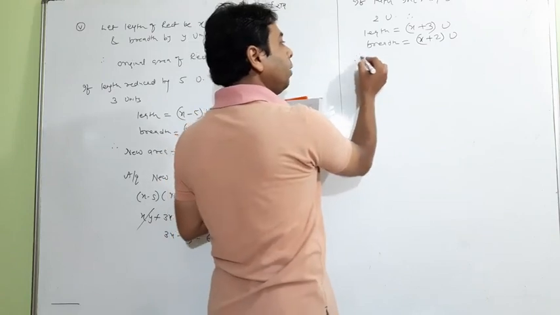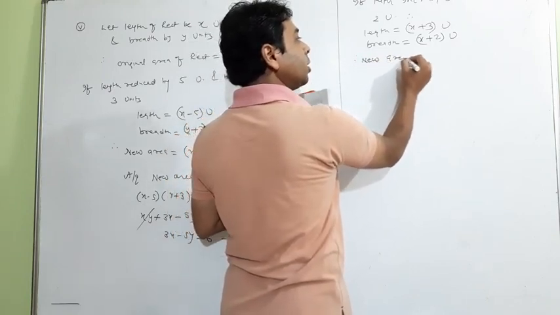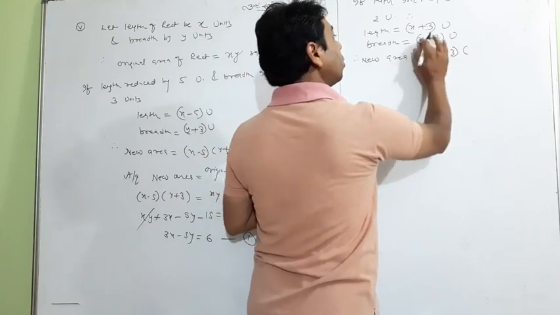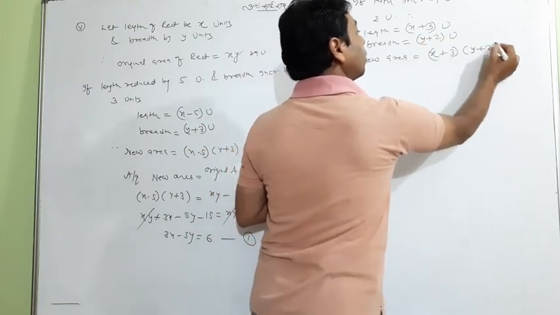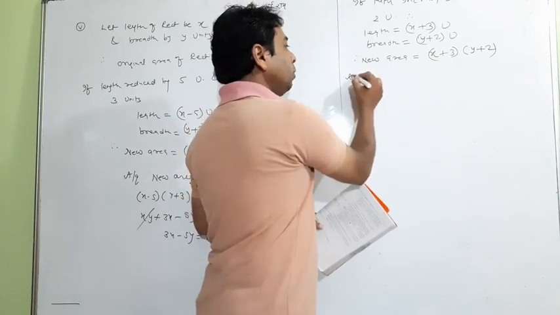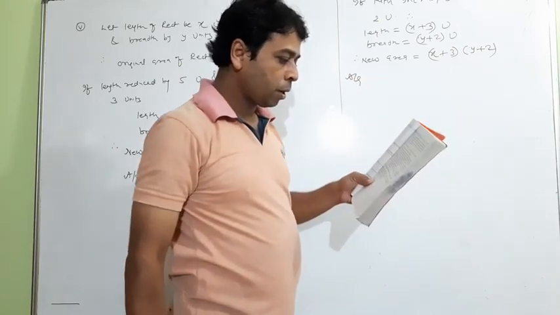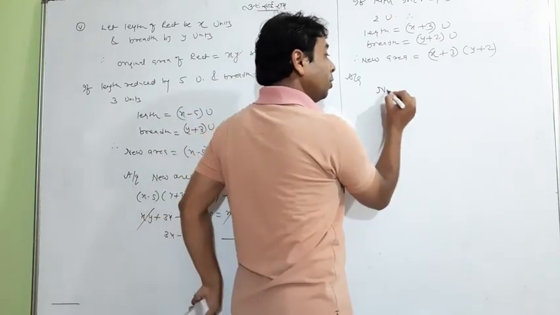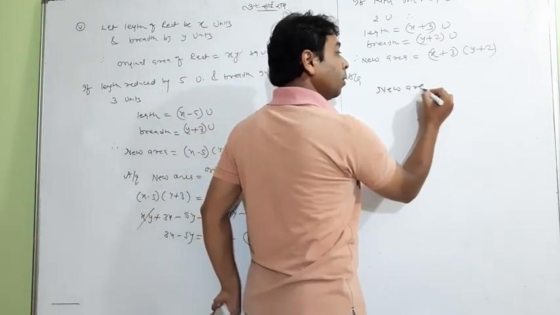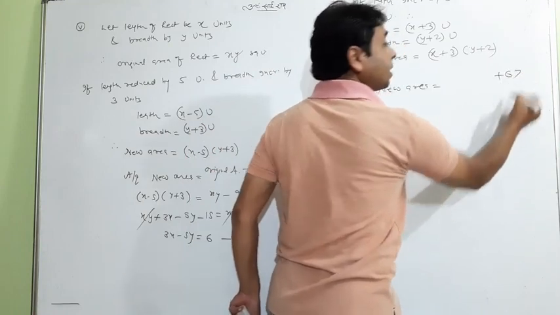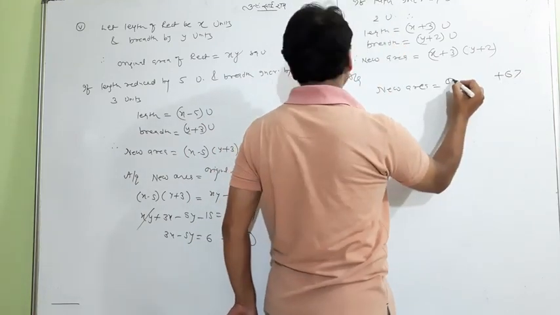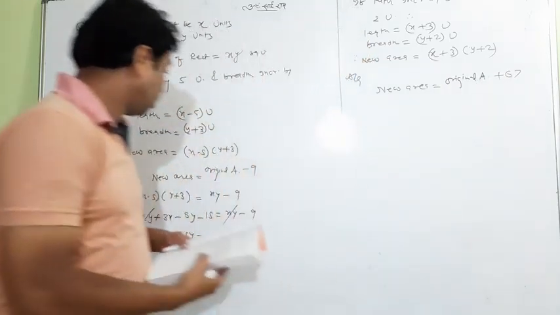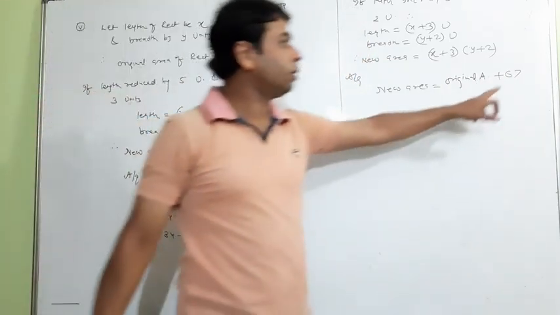So the new area, in the second condition, will be length into width. As per the question, this time the area increased by 67, meaning the new area will be 67 more than the original area. Here 9 was reduced, here 67 increased.